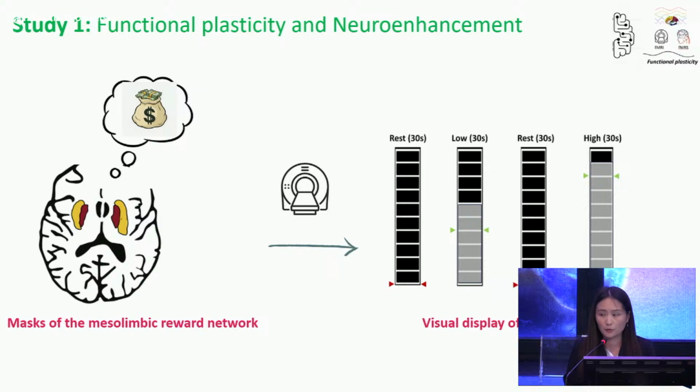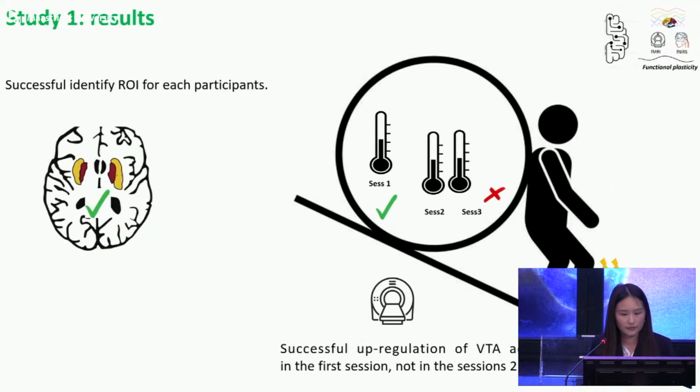Participants were asked to regulate their brain activity to low and high levels. They were also informed that the gray bar in the thermometer represents their target area brain activity in real time, and the green arrow indicates the target low or high neurofeedback condition.